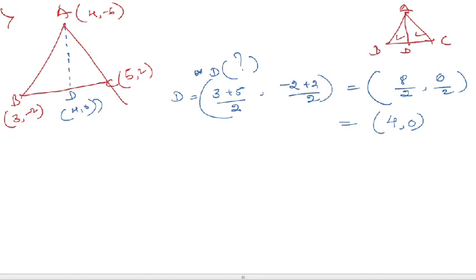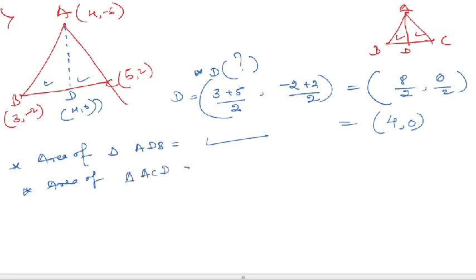Now consider these 2 triangles here. So first area of, which is similar to previous problems. In this exercise all problems are similar problems. So therefore area of triangle ADB is equal to, by using the formula we can solve the area, and also similarly area of triangle ACD is equal to, you will get something.